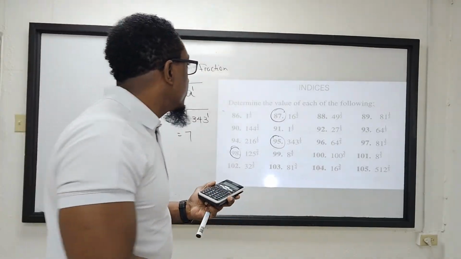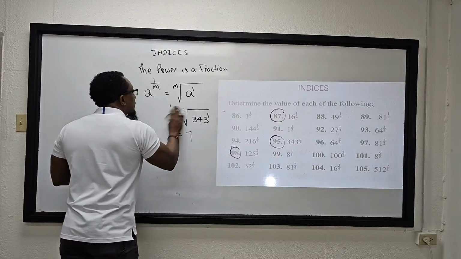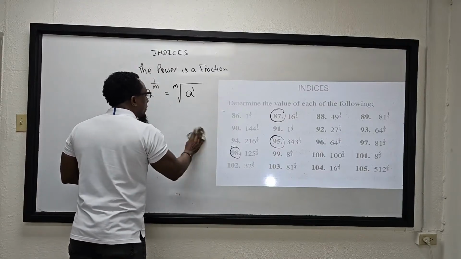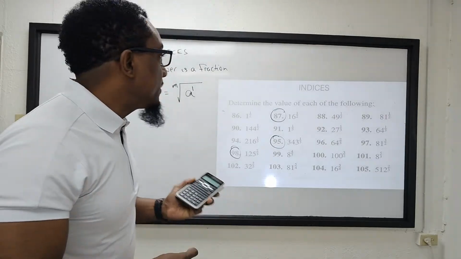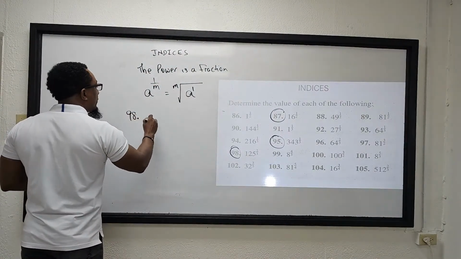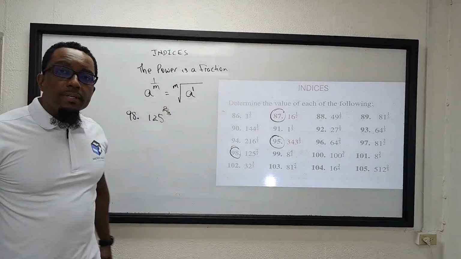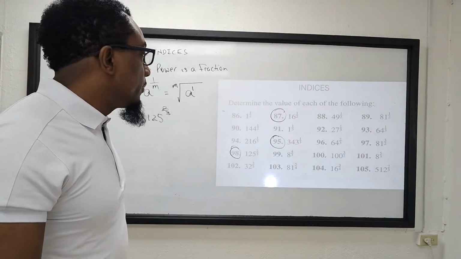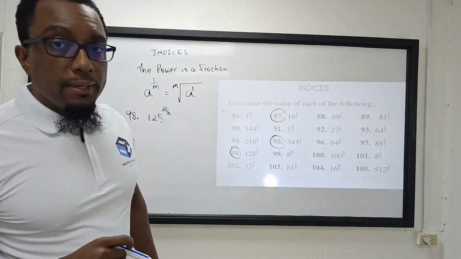So if you have 98, we have 125 to the power of 2/3. What do we do? Again, once the power is a fraction, the root symbol comes into play.